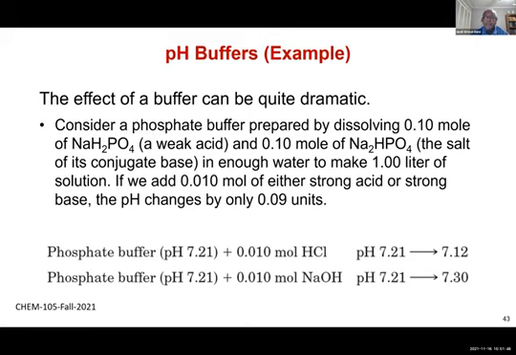When you add 0.010 HCl, it only changes 7.21 to 7.12. If you add 0.01 hydroxide ion, it only changes 7.21 to 7.30. It's a change of only 0.09 units. Therefore, it maintains the pH within the 7 range.